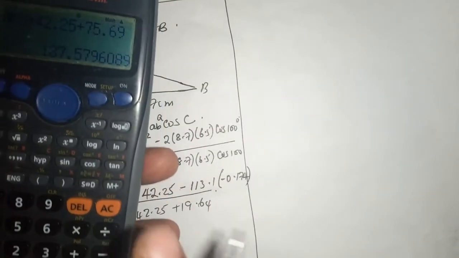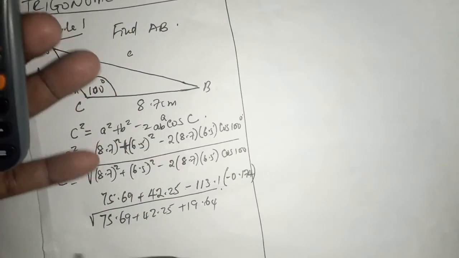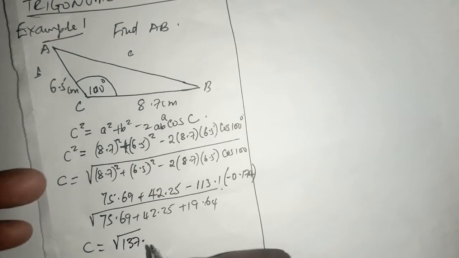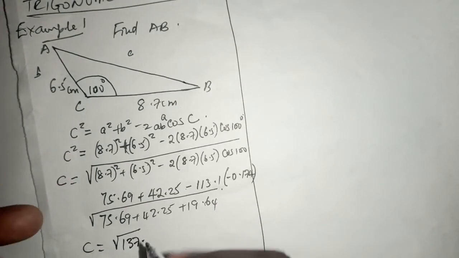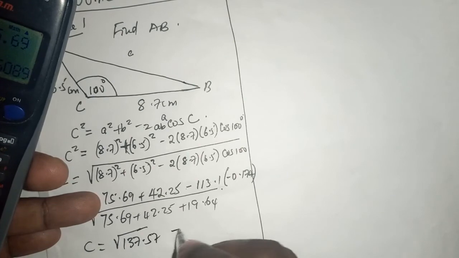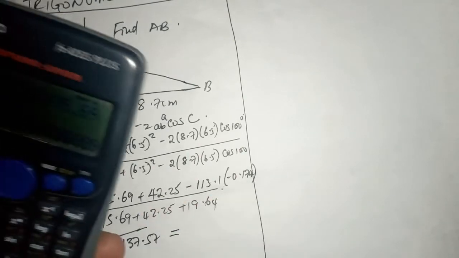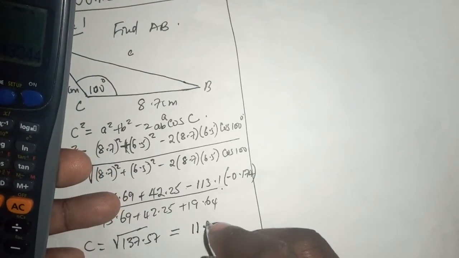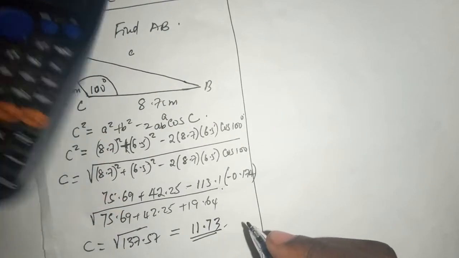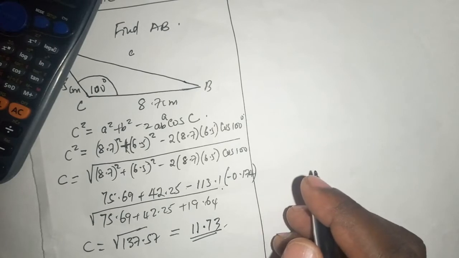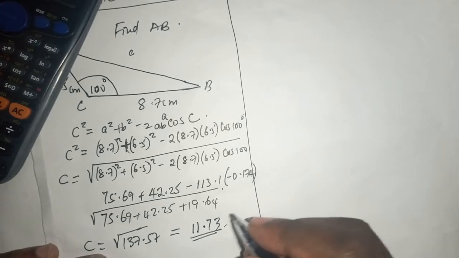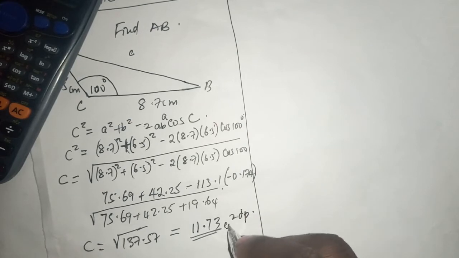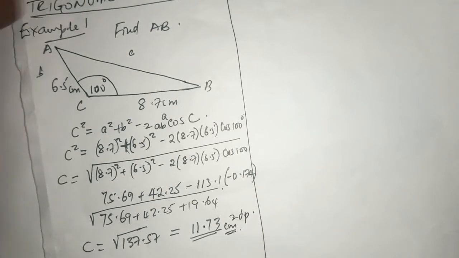You are going to get 137.57. So C is actually going to be the square root of 137.57, which is 11.73 centimeters to 2 decimal places. These are, of course, centimeters.